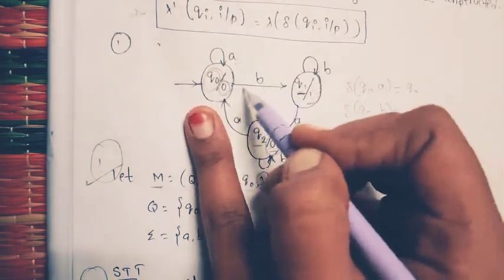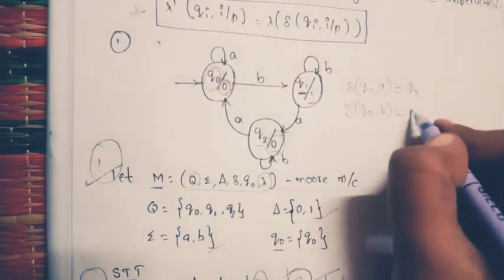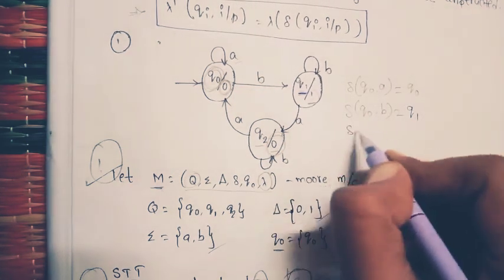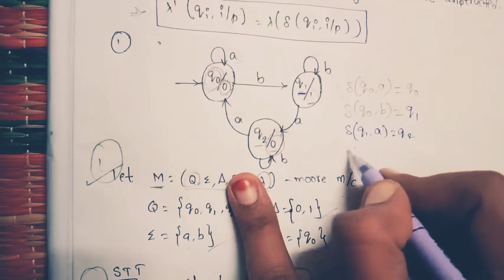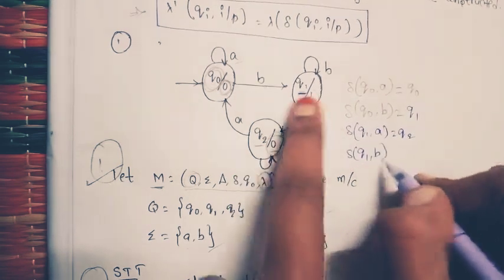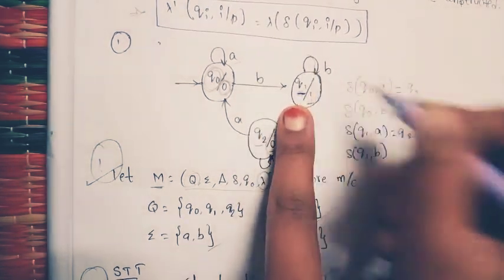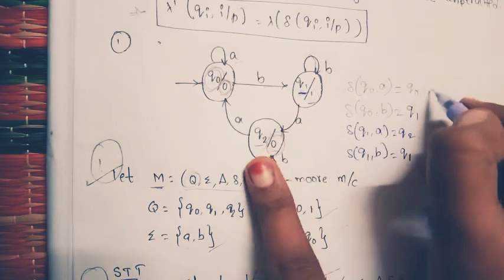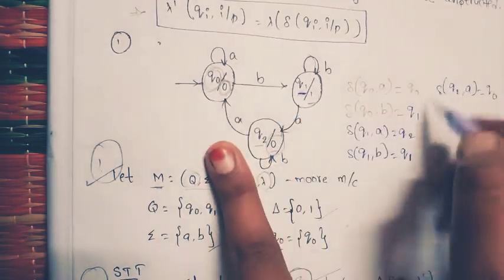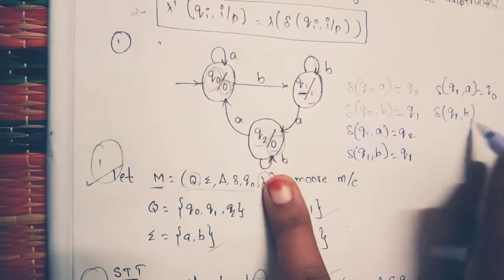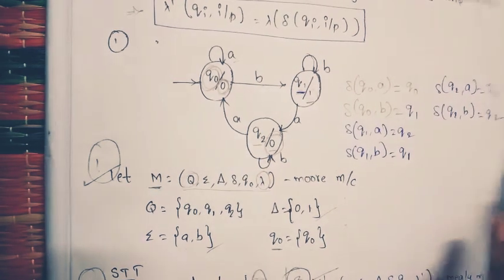The input symbol, to which place it is going, we need to write it here. Then for q1 comma a, that is q2. Then q1 of b is itself, so we need to write it. Then delta of q2 of a is q0. Then delta of q2 of b is q2. That's it, guys. It is very simple.